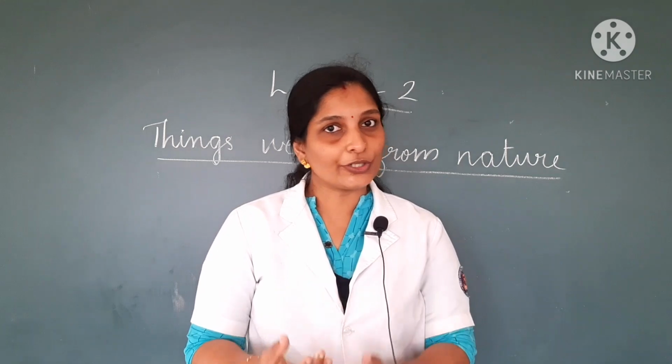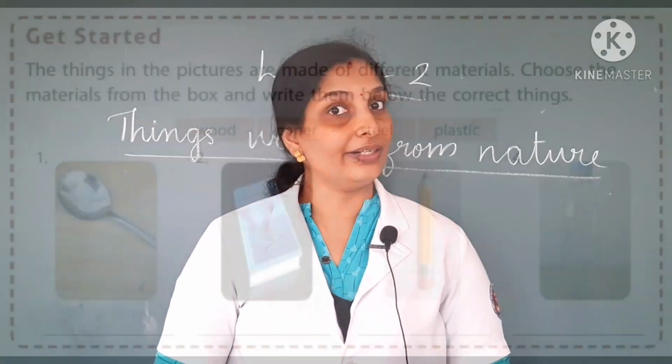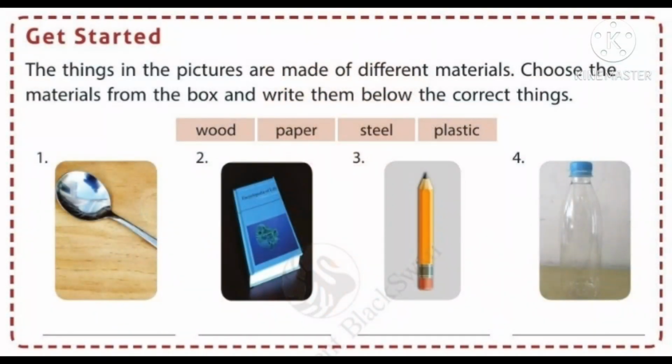So children, open your textbook, take page number 9. The things in the pictures are made of different materials. Choose the materials from the box and write them below the correct things. Inside the box you can see wood, paper, steel, plastic. In the first picture you can see a spoon.